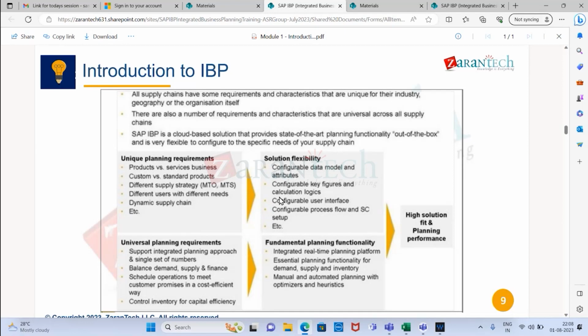As I said, it is made to order. That means the products are made, produced, or assembled only when we receive the customer order, because these products are quite unique in nature and they are not standard products. These products may be designed for a specific requirement for specific customers.